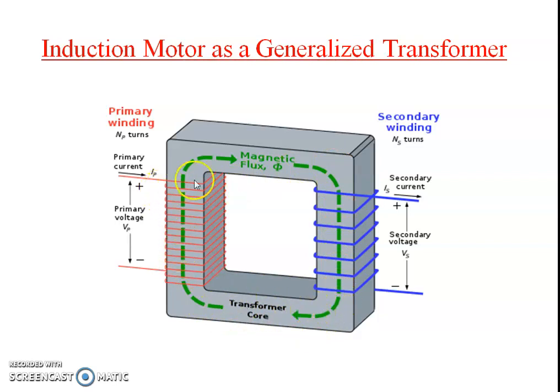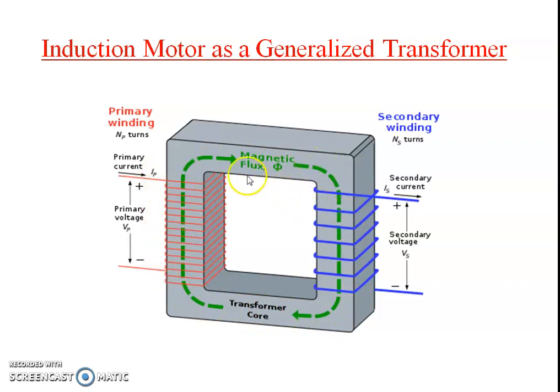Whatever primary flux is created in the primary winding now starts to flow through the magnetic core, the transformer core, towards the secondary winding. That means the flux produced by the primary winding is transferred to the secondary winding of the transformer through this transformer core.